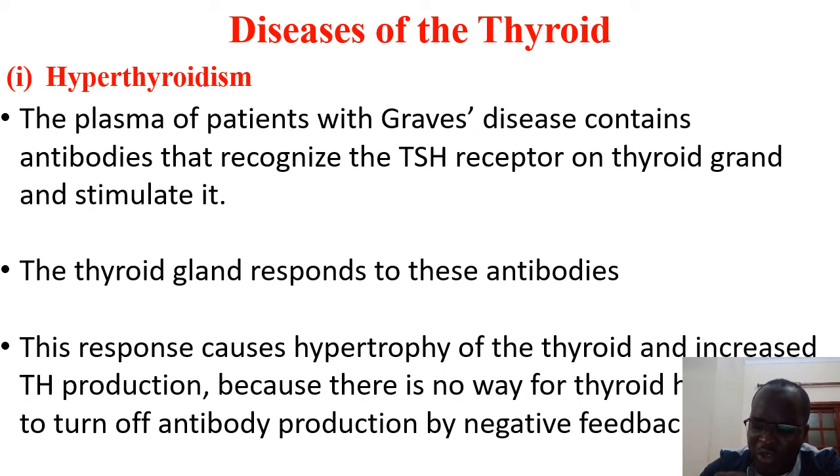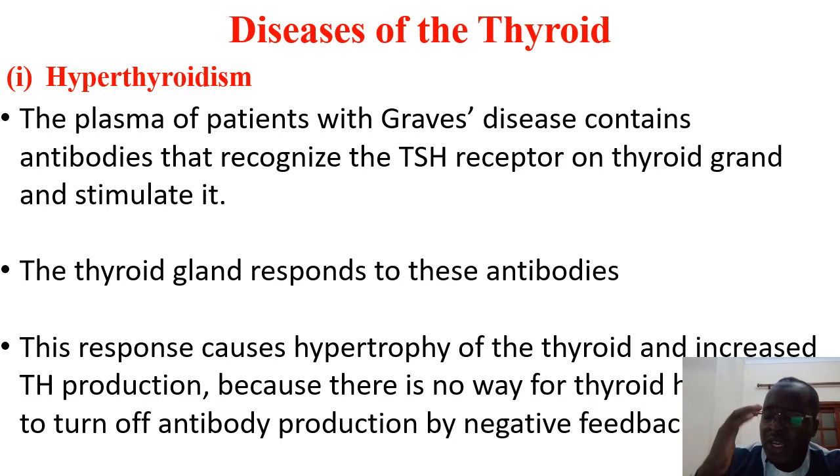Even if you have more thyroid hormones, they are not going to turn down the production of the antibodies, because there are different cells that are producing these antibodies and they don't have receptors for thyroid hormones. So they are continuously being produced by autoimmune cells.